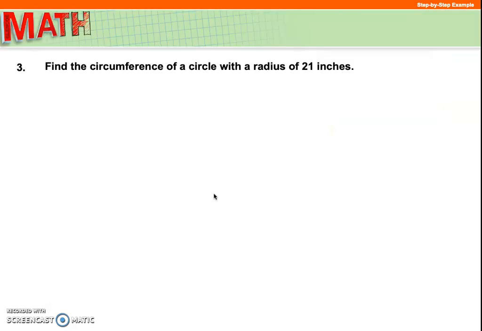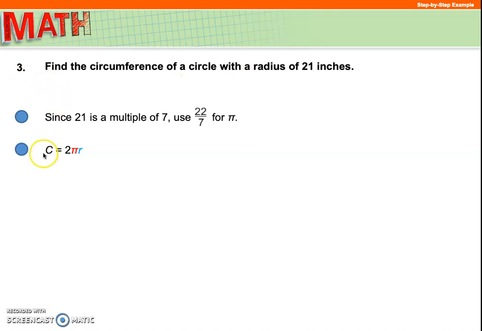So we're going to practice finding the circumference of a circle whose radius is 21. Notice right away that it is divisible by 7, so we're going to use 22 sevenths for pi instead of 3.14 in this one.